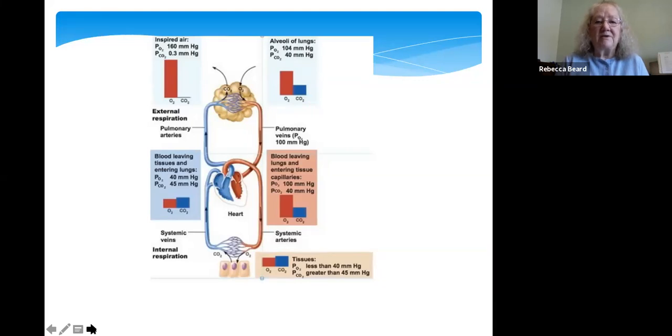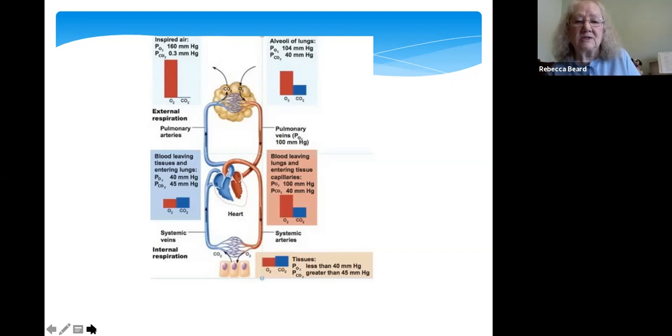So the carbon dioxide is going to be coming out of the bloodstream, diffusing out to get into the alveoli, and the oxygen is going to be coming out of the alveoli to get into the capillary so that it evens out the pressures of the oxygen. Okay, and so that is why oxygen is absorbed into the bloodstream in the alveoli and carbon dioxide is left behind.